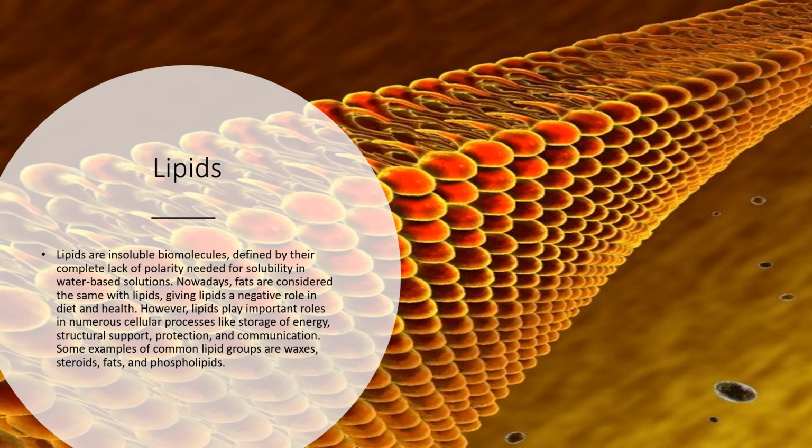However, lipids play important roles in numerous cellular processes like storage of energy, structural support, protection, and communication. Some examples of common lipid groups are waxes, steroids, fats, and phospholipids.